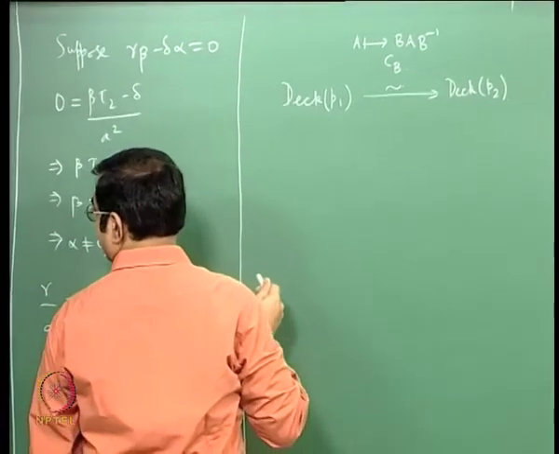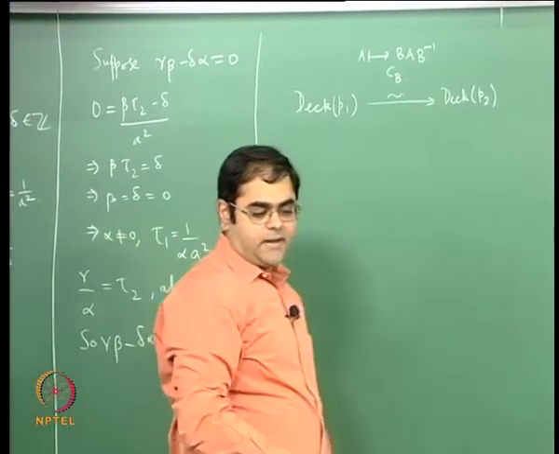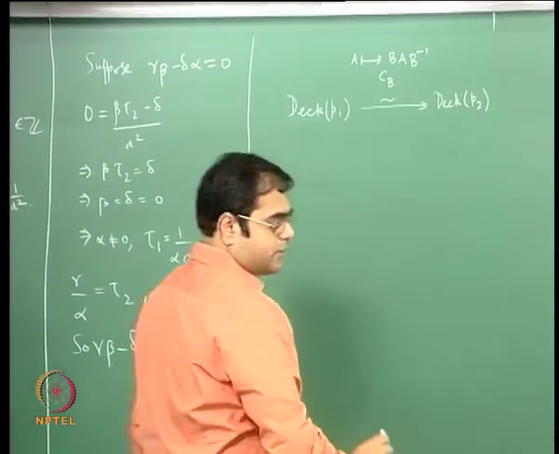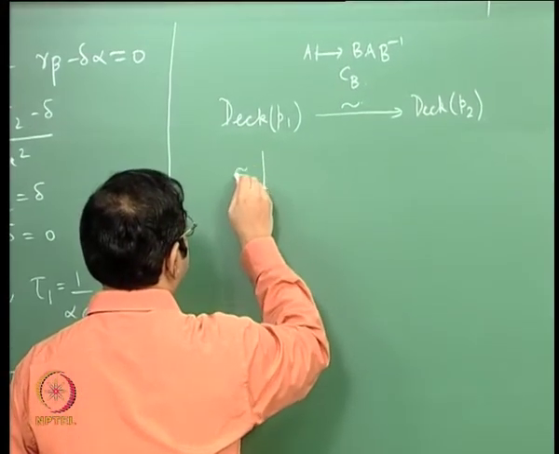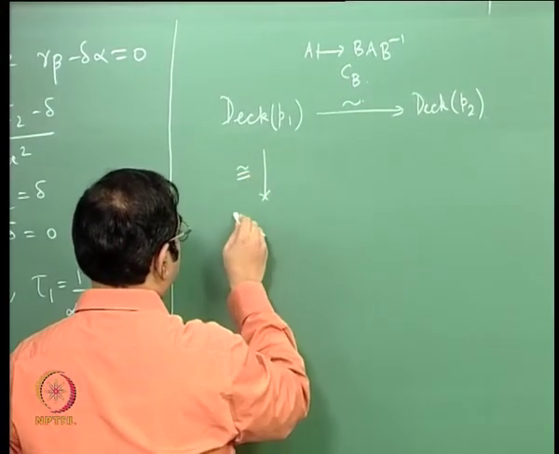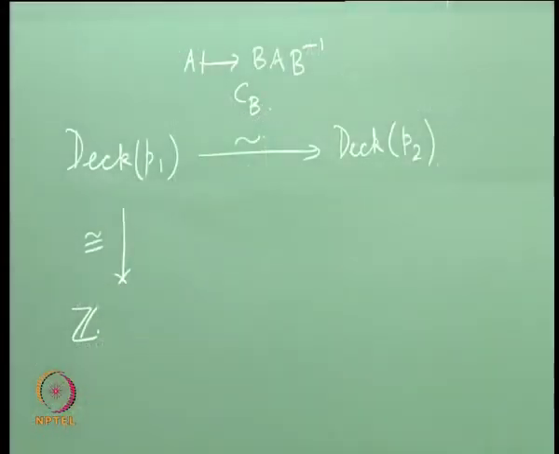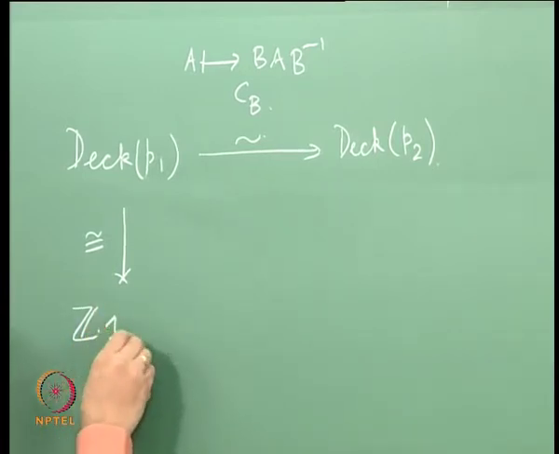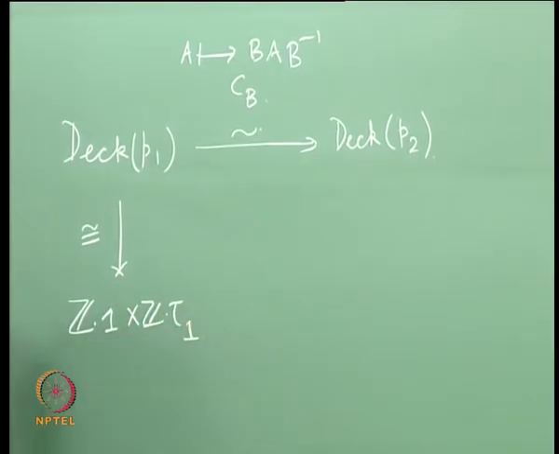And well, you see, this deck transformation group can be identified with Z. So let me follow what I have written down: Z·1 × Z·tau 1.